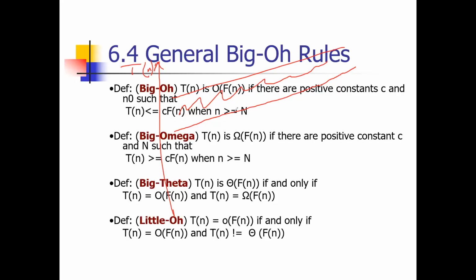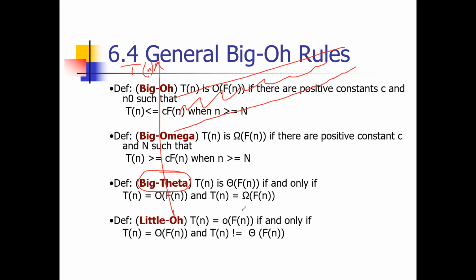Omega is your best case, big O is your worst case, and your running time is between these two. Big theta is if and only if T of n is the order of f of n, and T of n is omega of f of n. So if the two of them are the same, then we can use big theta.